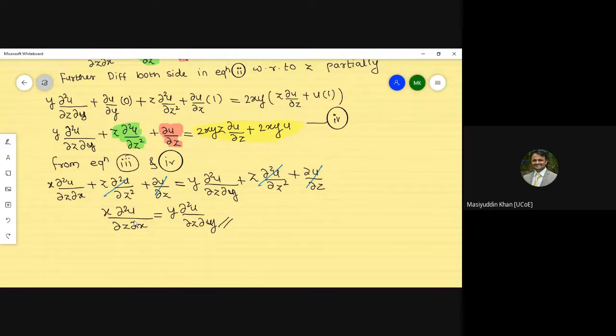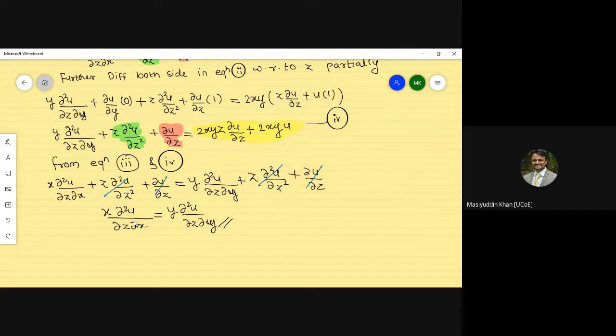Like first we differentiated with respect to x. That time we treated y and z as constants. Similarly, while differentiating y and z partially, we treated the other variables as constants respectively, or we just applied the partial derivative on both the sides simultaneously.